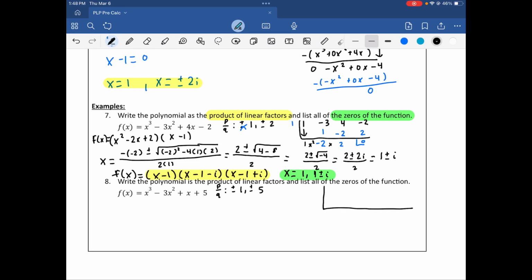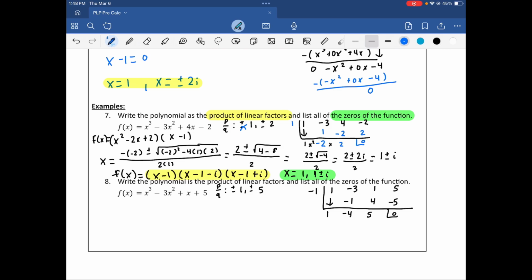Our coefficients, we've got 1, negative 3, 1, and 5. And I'm going to go ahead and try negative 1. Multiply, add, multiply, add, multiply. That one does work out nicely.